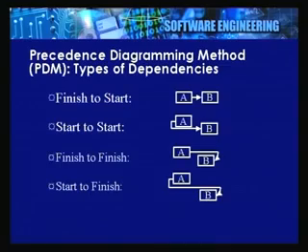So, let us first begin with looking at a precedence diagramming method, PDM method. This method also is known as activity on node kind of a network. It depicts the activities on the nodes, and the activities are connected to each other by the arrows, or the events are basically shown by the arrows.